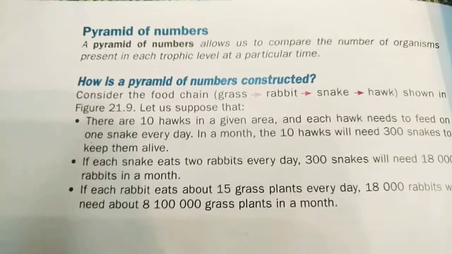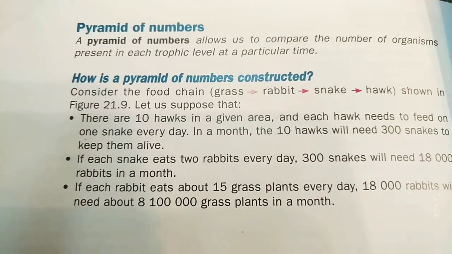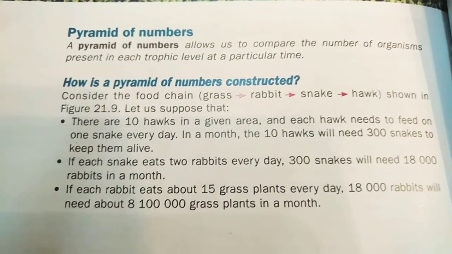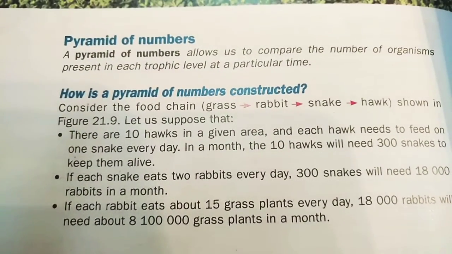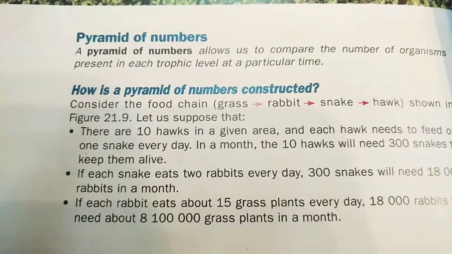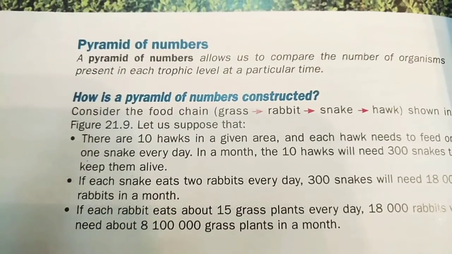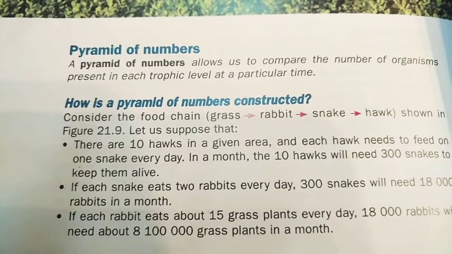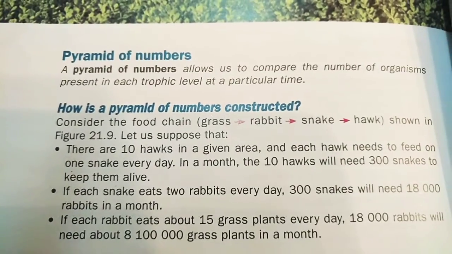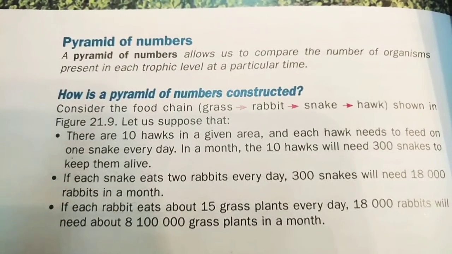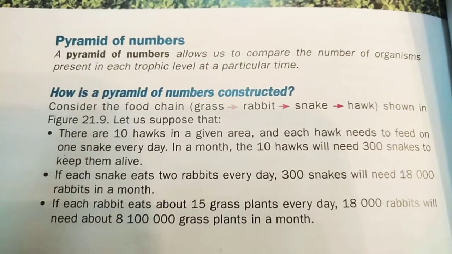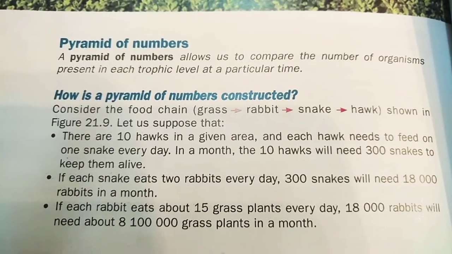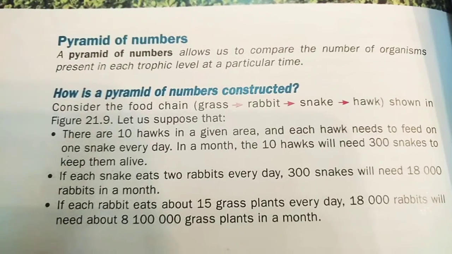There are 10 hawks in a given area, and each hawk needs to feed on one snake every day. 10 hawks are there, and every single hawk needs one snake every day. In a month, the 10 hawks will need 300 snakes to keep them alive. If each snake eats 2 rabbits every day, 300 snakes will need 18,000 rabbits in a month.